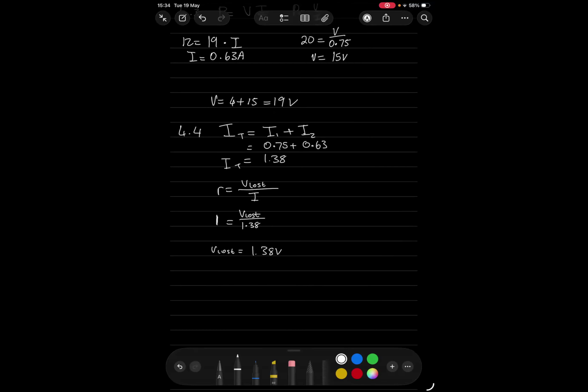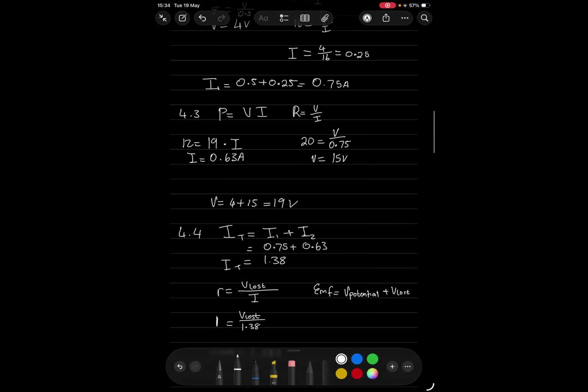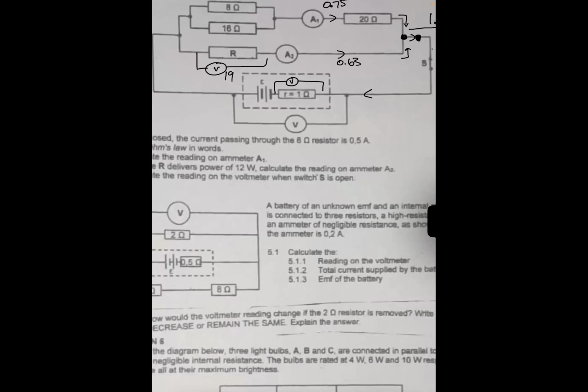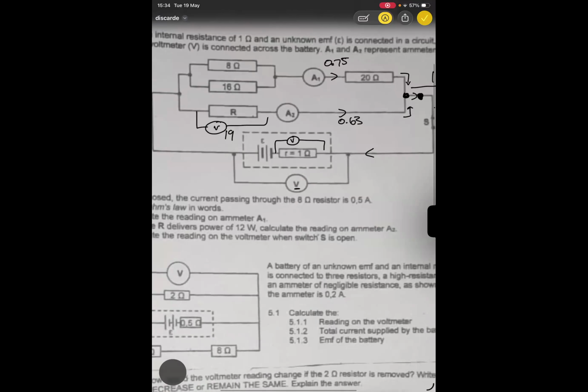Then the EMF is going to be how much? It's going to be the potential difference plus V lost. Then what's going to be the potential difference here?